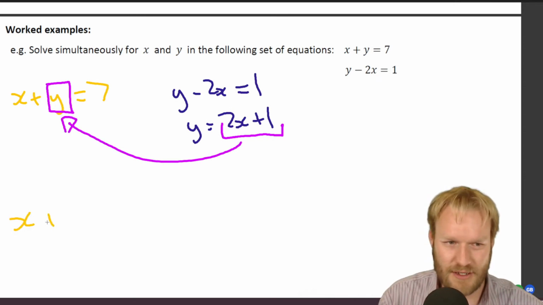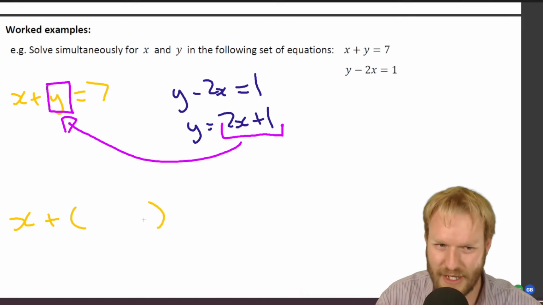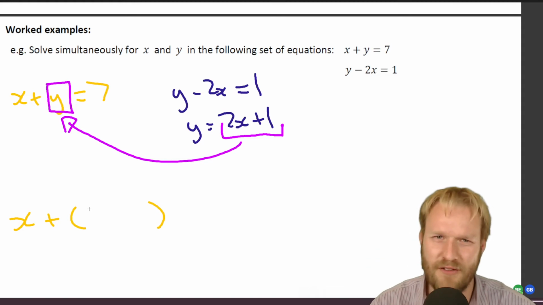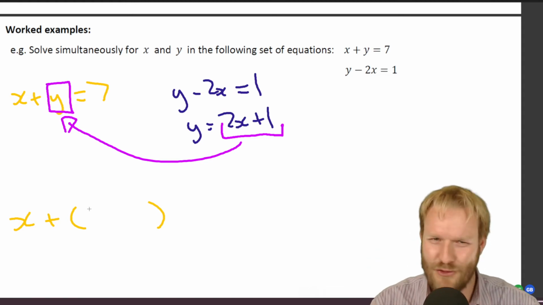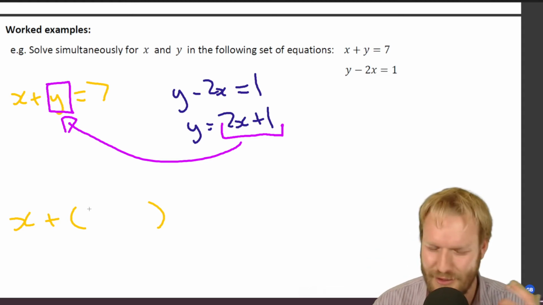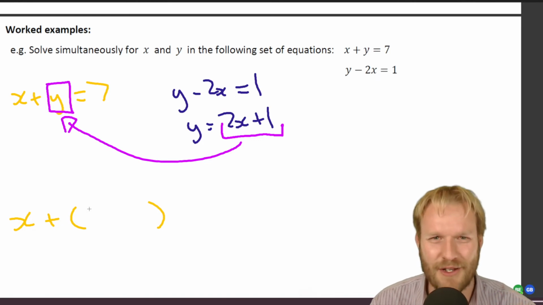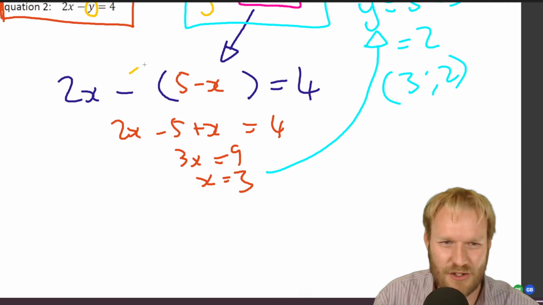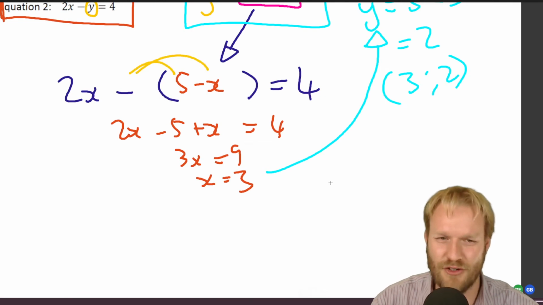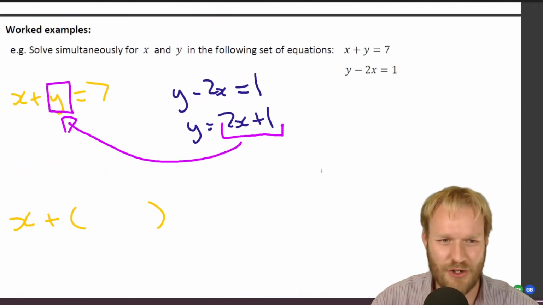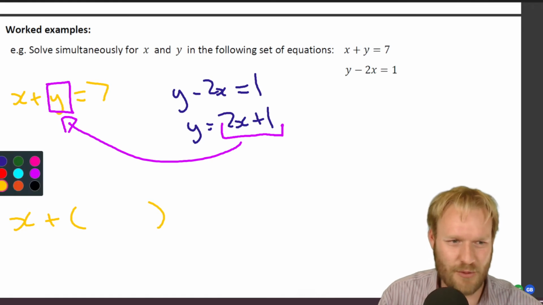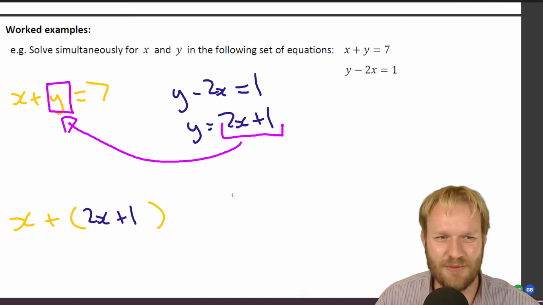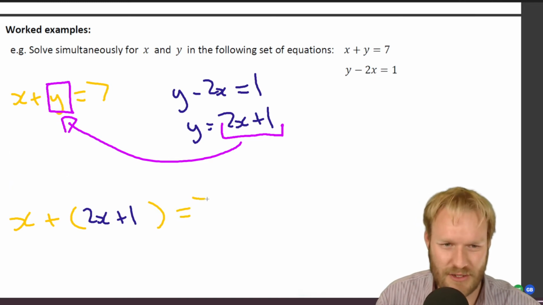So we've got x plus, and always brackets, brackets, brackets are helpful. Why are brackets useful? Think of the previous example: if you've got a negative, you remember to distribute the negative into the brackets. So x plus, now y, we've got another way of writing, which is 2x plus 1, and that equals 7.